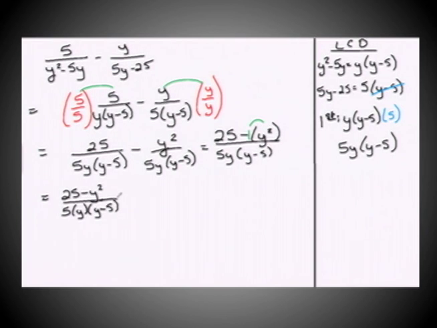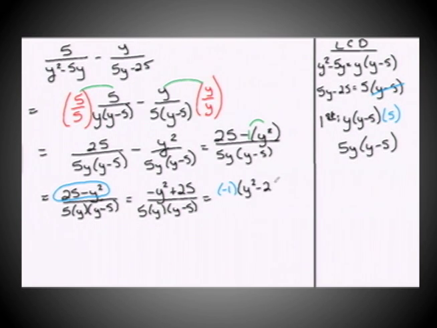All right, bells and whistles should be going off because this numerator is not in standard form. When we rearrange it into standard form, you may notice, hey, that's beginning to look like a difference of squares. It's not quite a difference of squares yet, but if we simply factor out a -1, we are left with a difference of squares, y squared minus 25, over 5 times y minus 5.